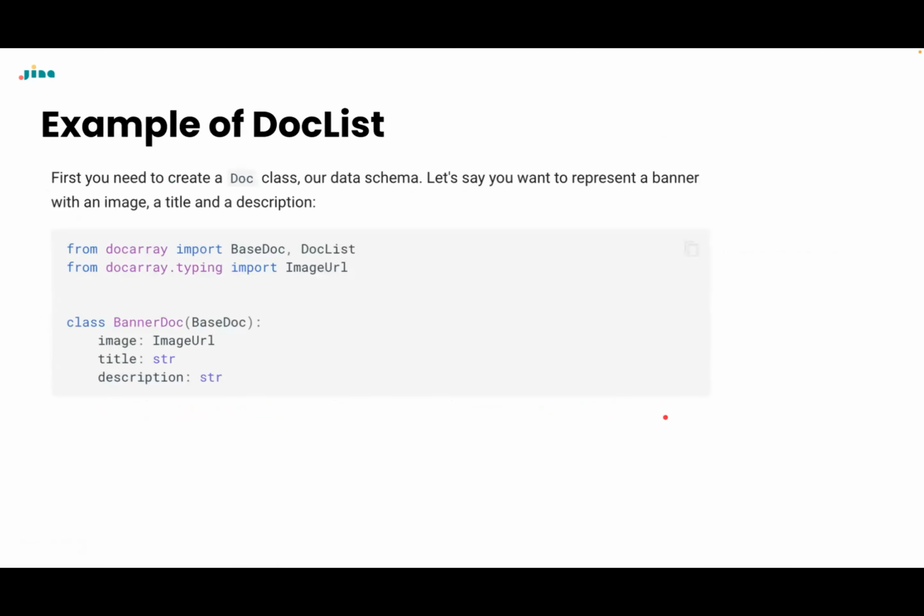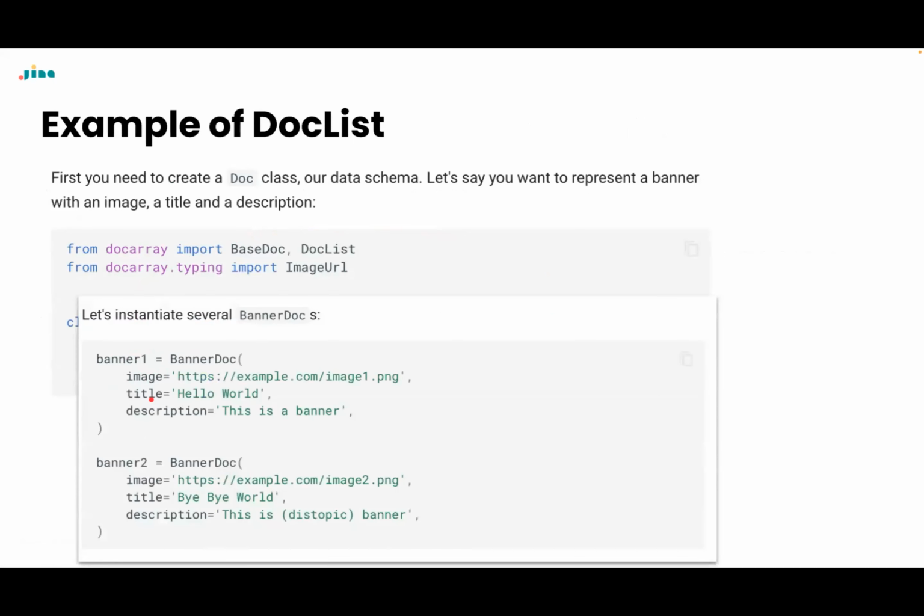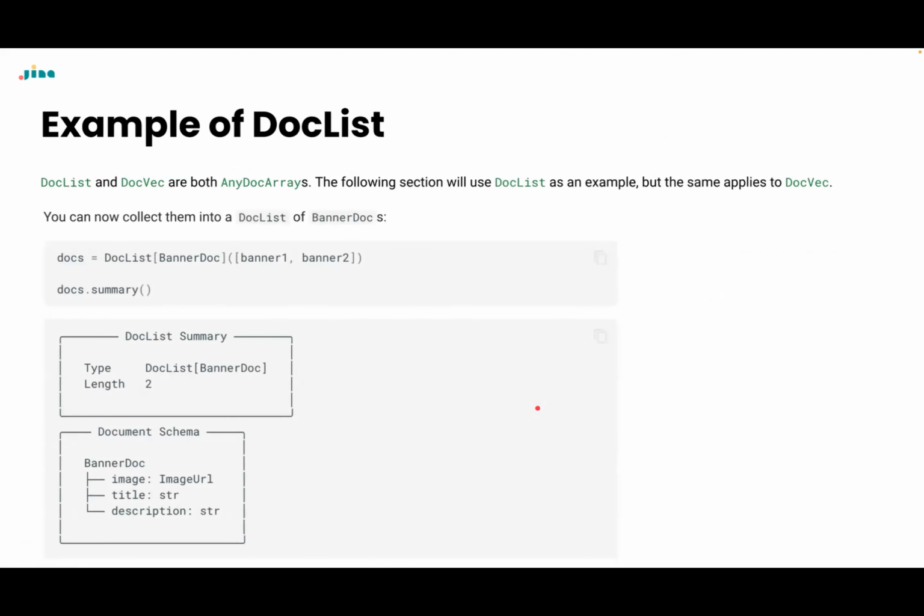So let's see some examples. Let's say we have defined this banner doc, which consists of image, title, description. Then we can instantiate two banner objects from this, hello world and bye bye world. If we define the DocList, notice the square bracket, which enforces the data type inside the DocList to be banner doc, no other things.